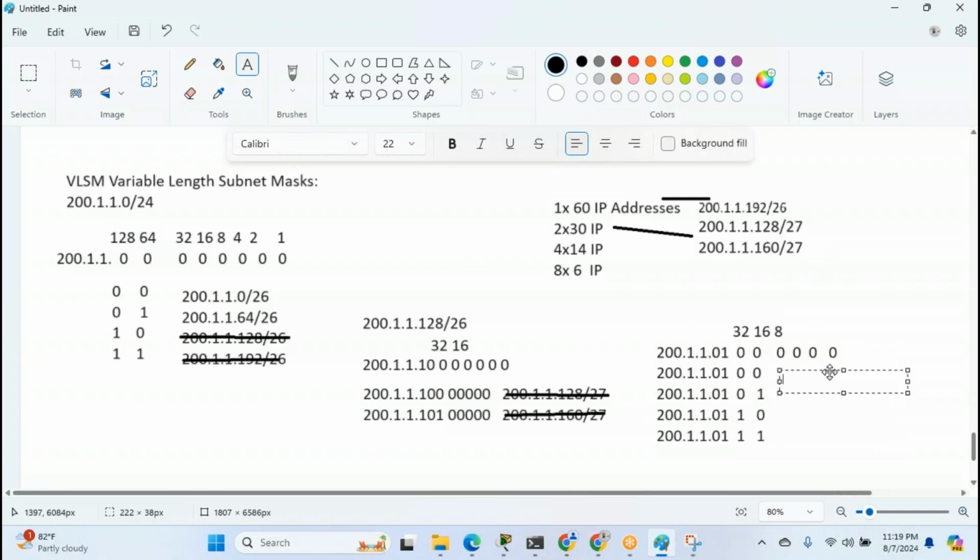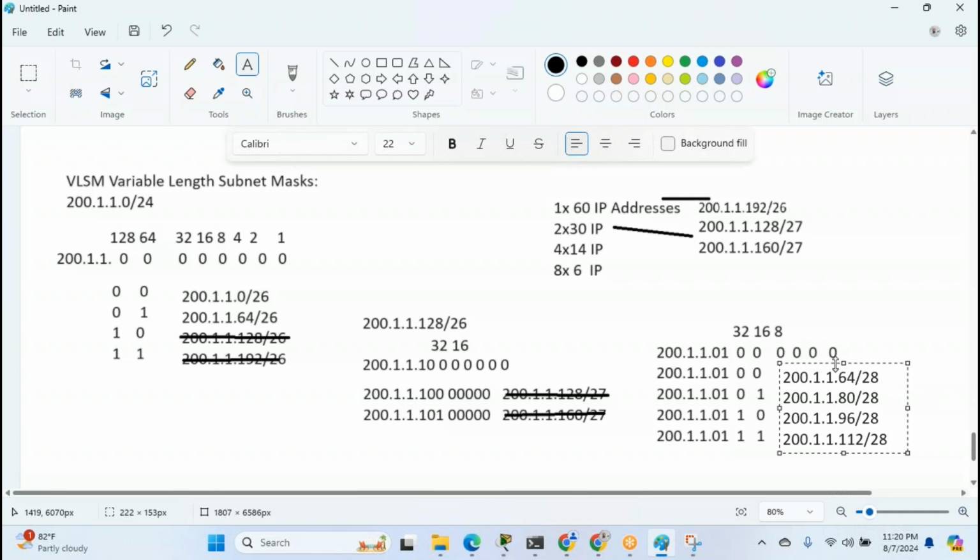If we write down these values, we get 200.1.1.64/28, because it was already 26, and when we add 2 more bits to the network, it becomes 28. The second one becomes 200.1.1.80/28, then 200.1.1.96/28, and 200.1.1.112/28.